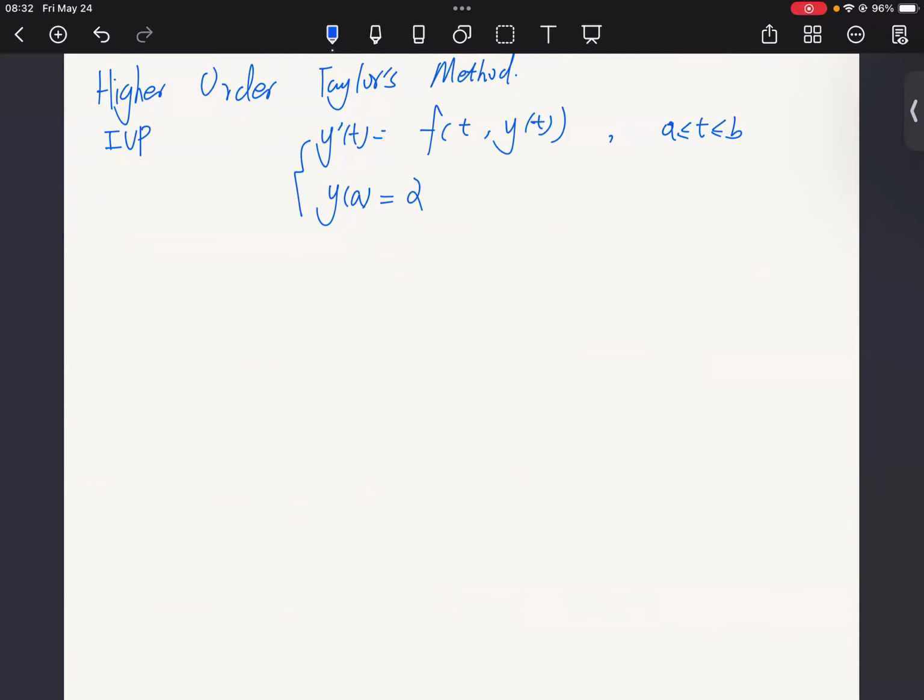It's the Taylor expansion, but we keep more terms in the expansion. So now let's say you already divide the interval [a, b] into, let's say, n equal length subintervals.